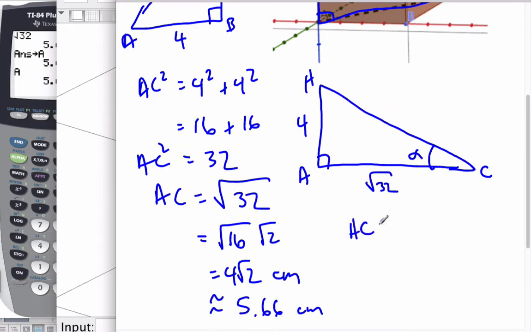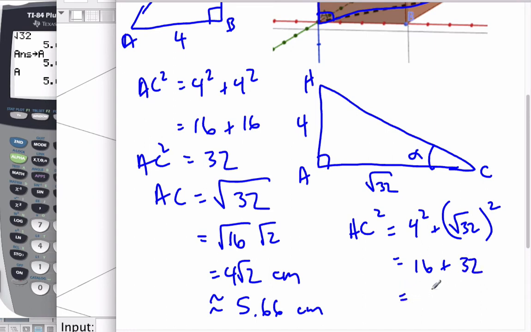Well, again, Pythagorean theorem works nicely, so HC squared is equal to 4 squared plus square root of 32 squared, which is then 16 plus 32, which works out to 48.